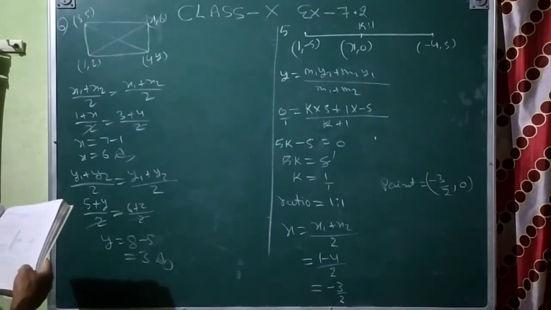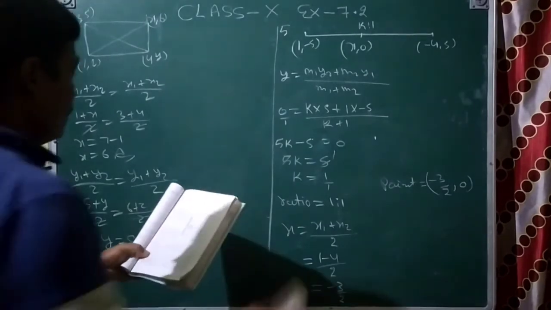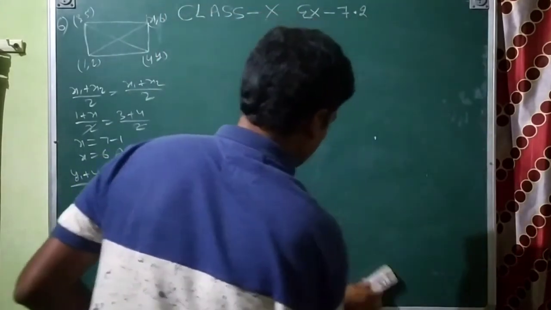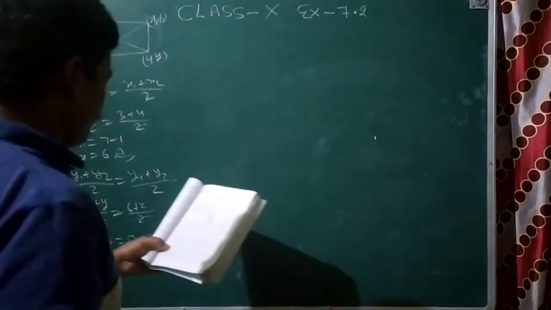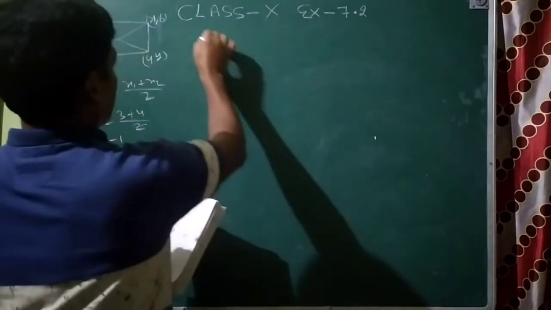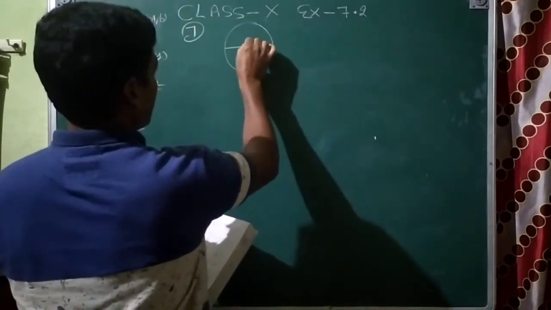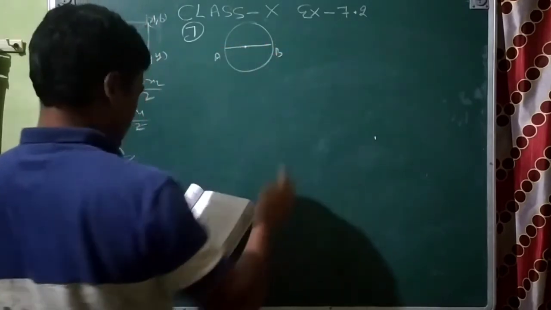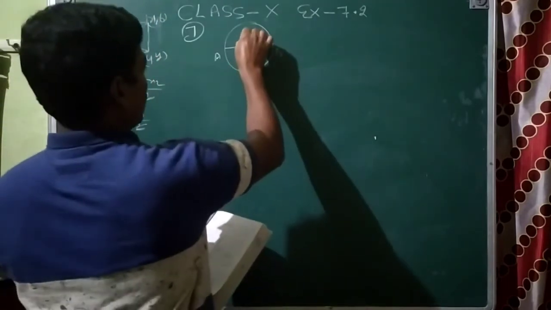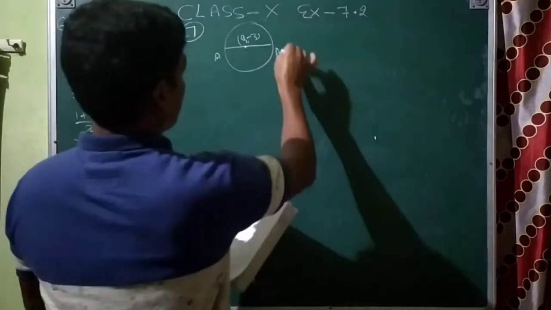And then the seventh question, which is a circle type of question. Find the coordinates of point A, where AB is a diameter of the circle whose center is (2, -3), and B is (1, 4).